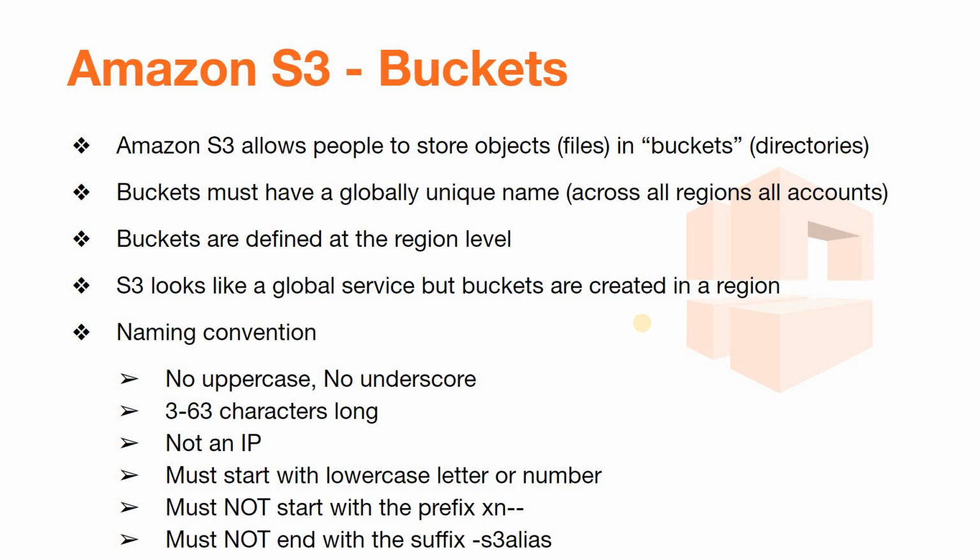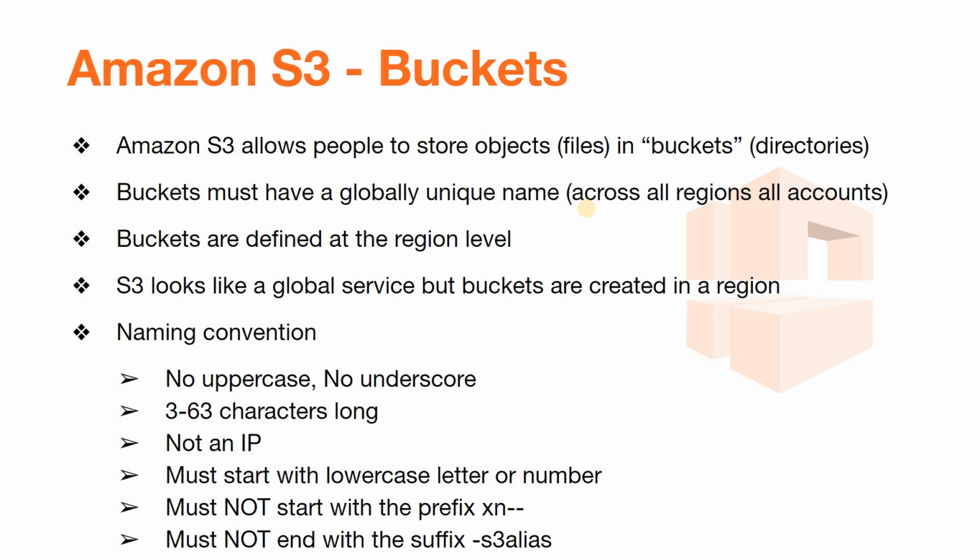The main focus point here is that a bucket must have a globally unique name. For example, if we open a Google account, we need a unique Google email ID, right?